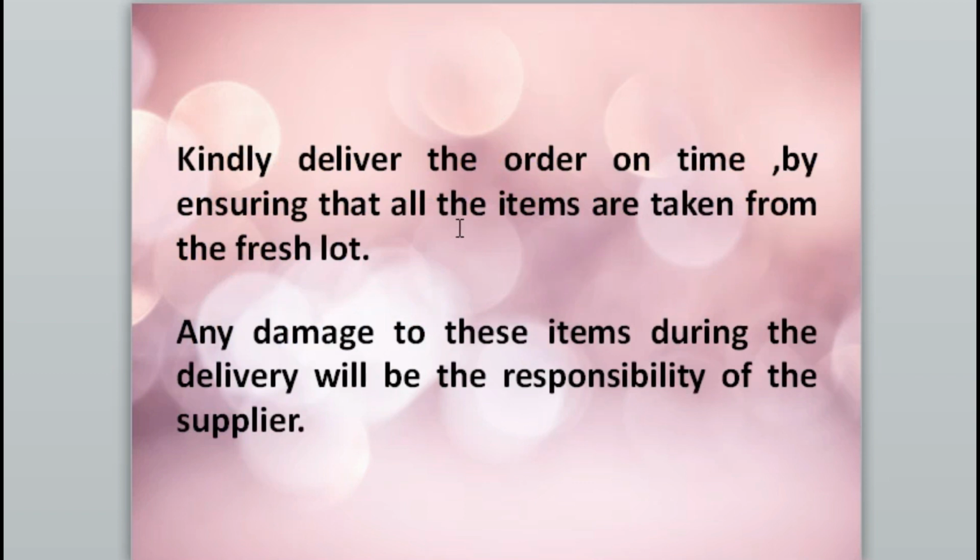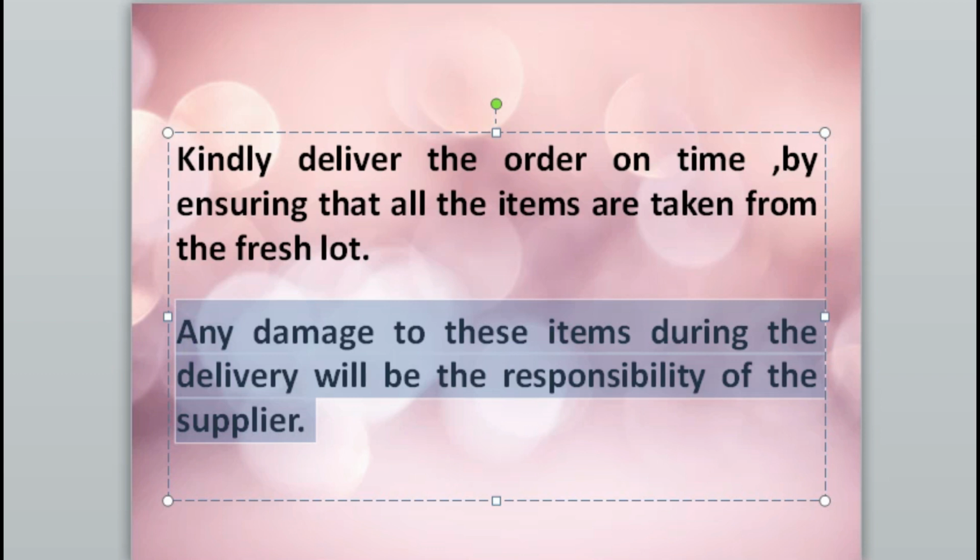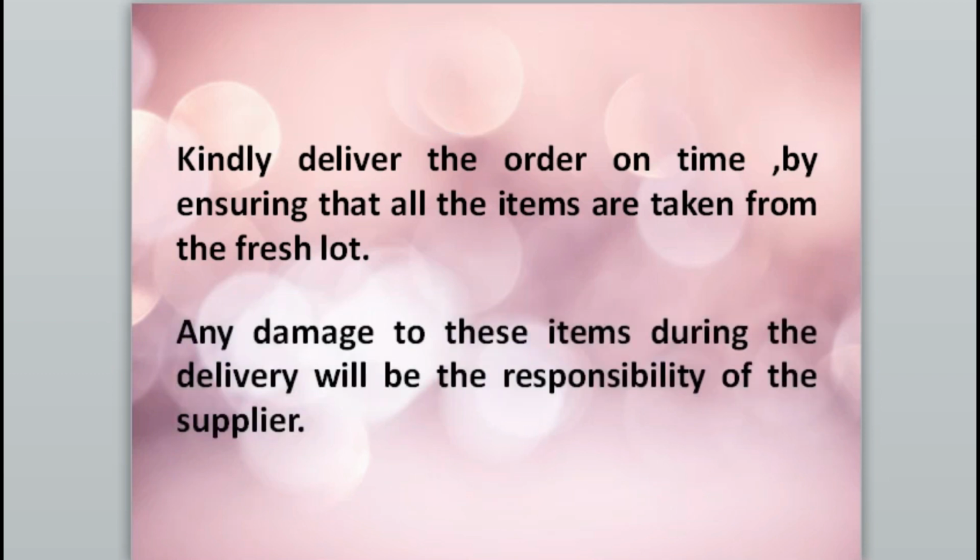Or you can go and pick up any point to specify other things, like any damage to these items during the delivery will be the responsibility of the supplier. So even your condition or any other specific thing that you feel better, you can pick up and then add to your letter.